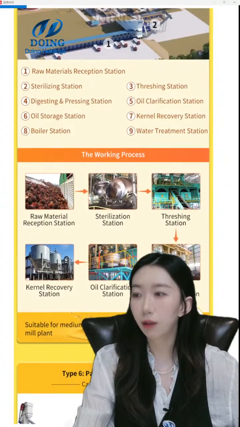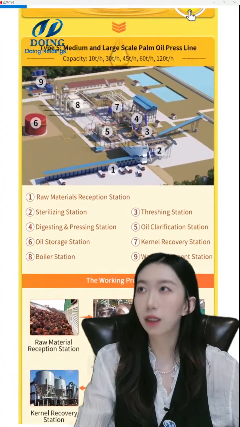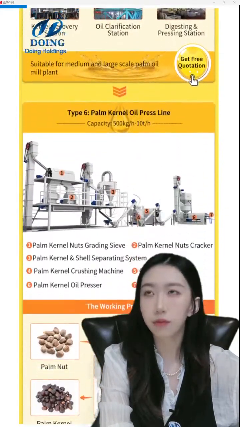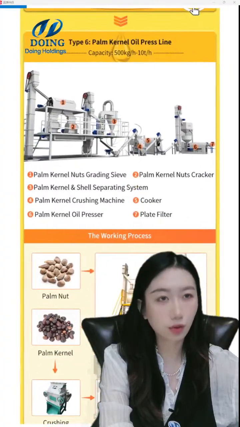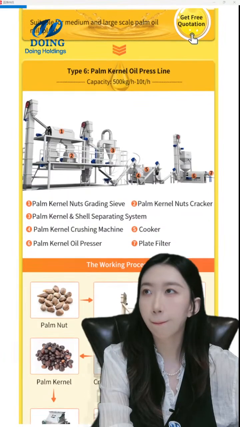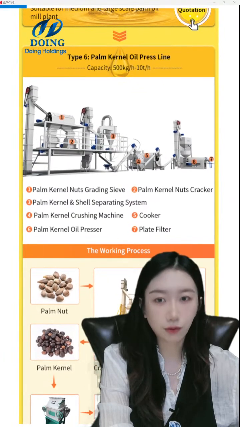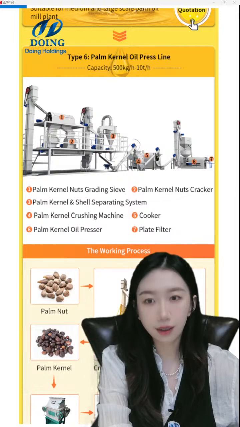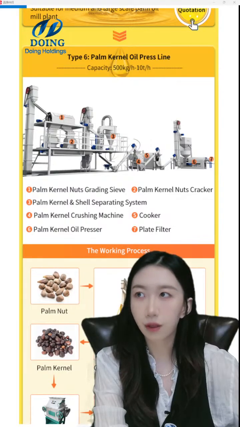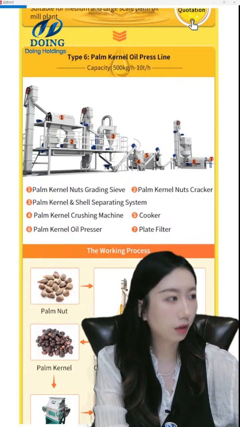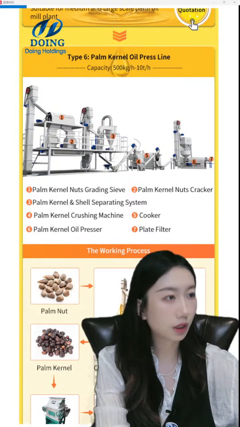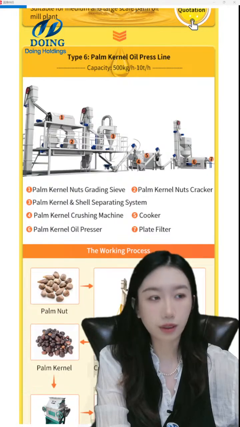This is the medium and large scale palm oil presser. The small scale, medium scale, and large scale palm oil production lines, all we can provide for you, and we have many project cases. If you need, our sales manager can send project documents for you.